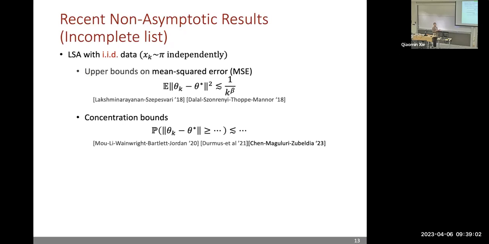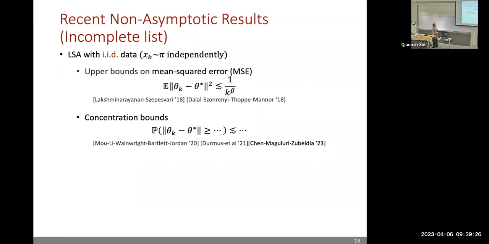One simple setting is the case where your data is i.i.d., meaning your noise is also i.i.d. That corresponds to the case where the samples are drawn independently from some distribution. Under this setting, prior work mainly focused on getting an upper bound on the mean square error.